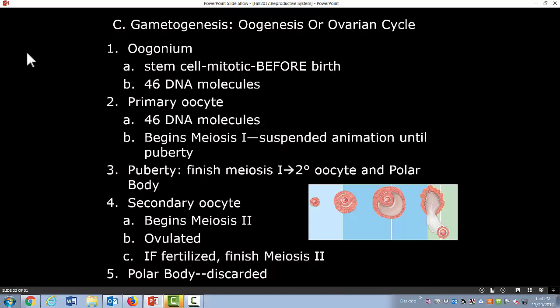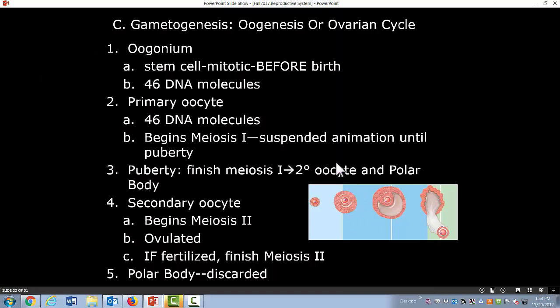We began with the spermatogonium. It divided into the primary spermatocyte, then it divided into the secondary spermatocyte, and then it became the spermatid, then the mature sperm, and then it passed out of the male body. So it's a very similar scenario that's going on. It just happens to take way longer in a female than it does in a male.